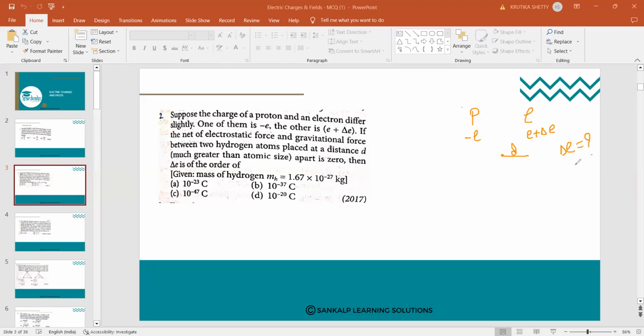Not exactly the value, the order of delta E, 10 to the power ಎಷ್ಟು ಬರುತ್ತೆ ಅಂತ ಕೇಳ್ತಾ ಇದ್ದಾರೆ. I hope the question is clear to you. Here they are specifying two forces: one is the electrostatic force and the other is the gravitational force. So let us solve this one.